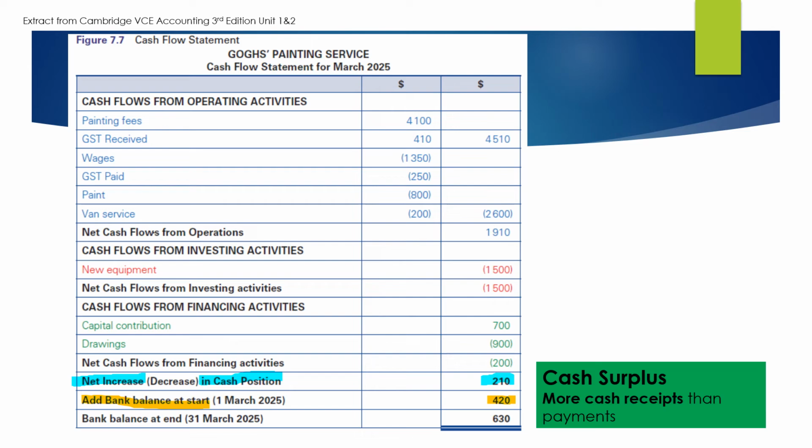We add the cash surplus to the bank balance at the start to calculate the bank balance at the end, which works out to be $630. So here we can see that the cash surplus has indeed increased our bank balance, giving us a higher balance at the end of the month.